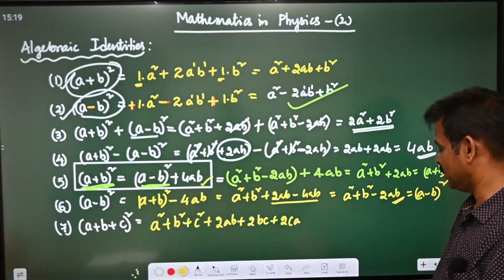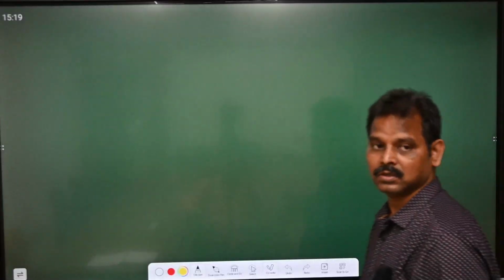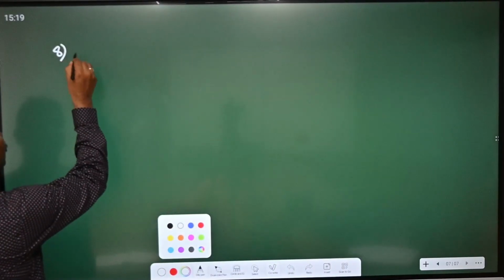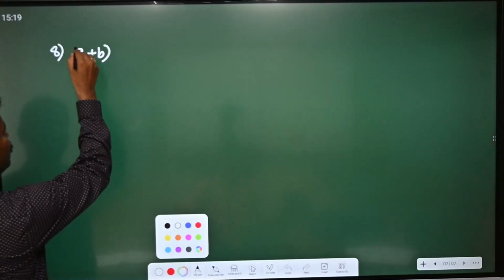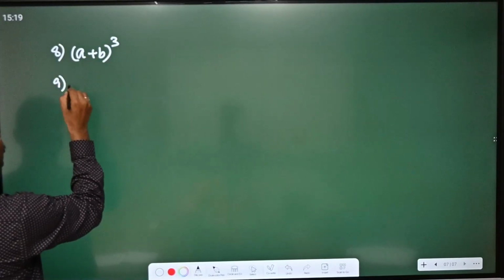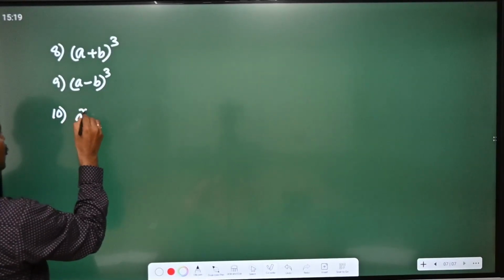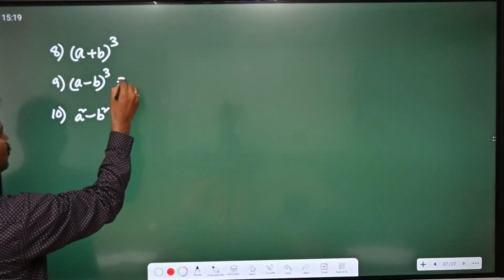So this is the seventh one. Eighth one, students, in the same category, eighth formula, a plus b whole cube, and ninth one a minus b whole cube, 10th one a square minus b square.